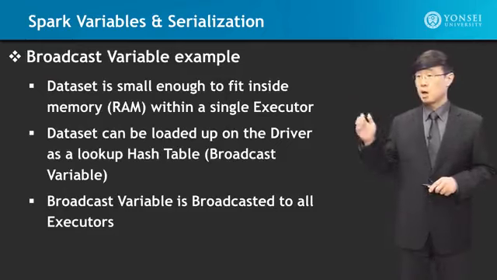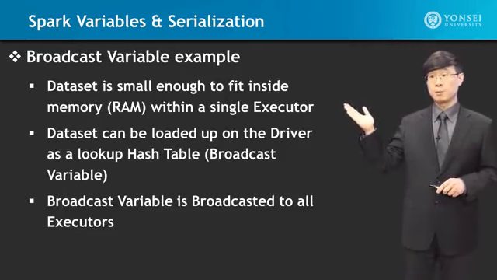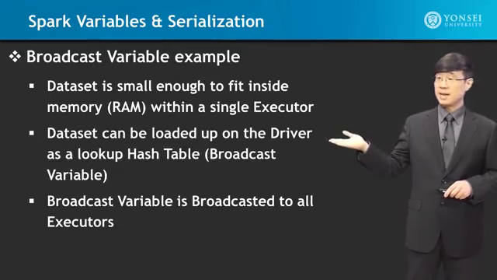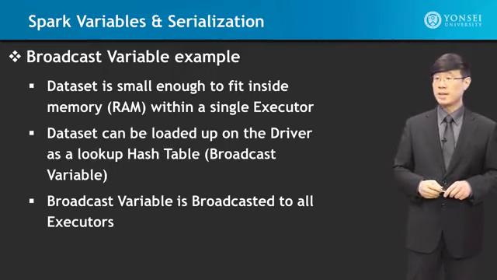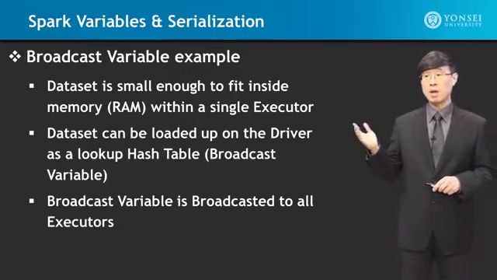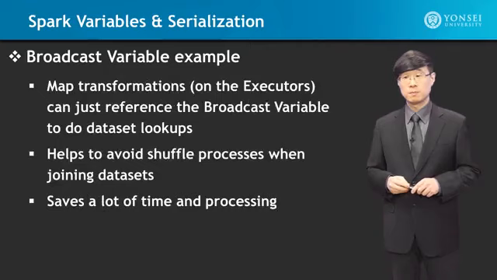Some broadcast variable examples: a data set is small enough to fit inside memory within a single executor. A data set can be loaded up on the driver as a lookup hash table. A broadcast variable is broadcasted to all executors. And these are some of the examples where a broadcast variable would be used.